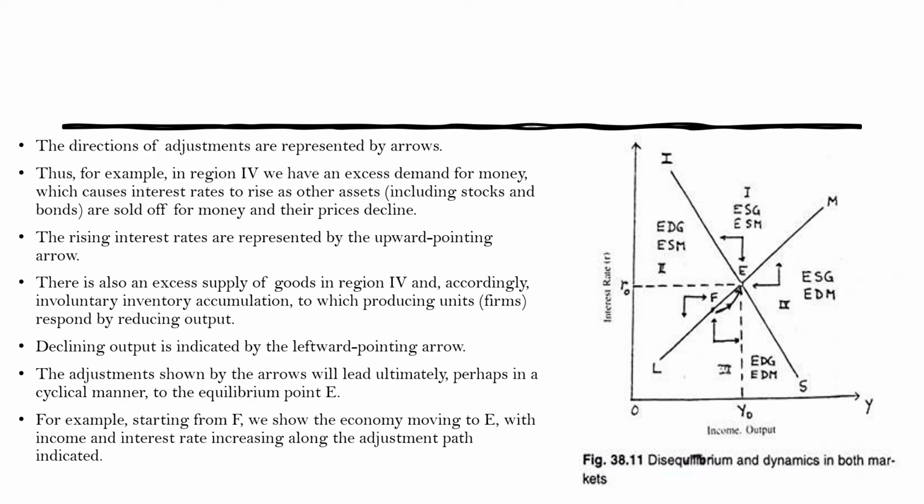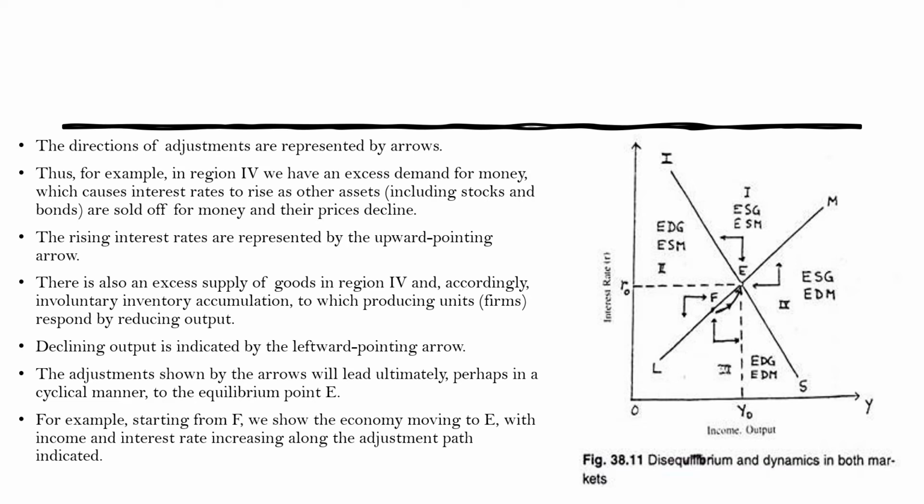The rising interest rate is represented by the upward pointing arrow, and there is also an excess supply of goods in region 4, and accordingly involuntary inventory accumulation to which producing units would respond by reducing their output. Declining output is indicated by a leftward pointing arrow, and the adjustment shown by arrows would lead ultimately, perhaps in a cyclical manner, to the equilibrium point, which is E.